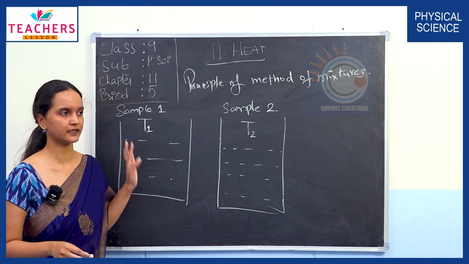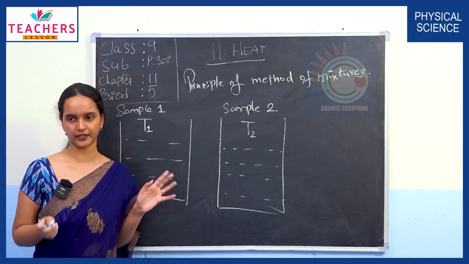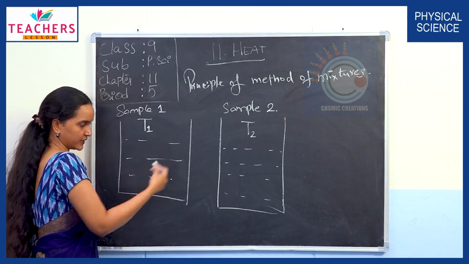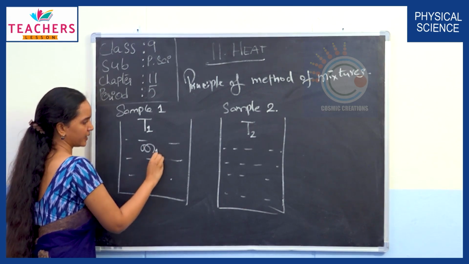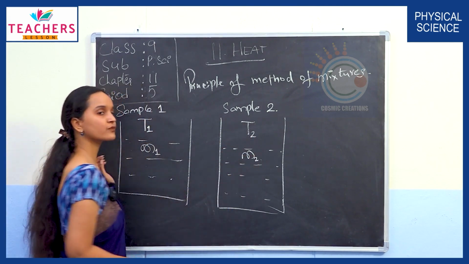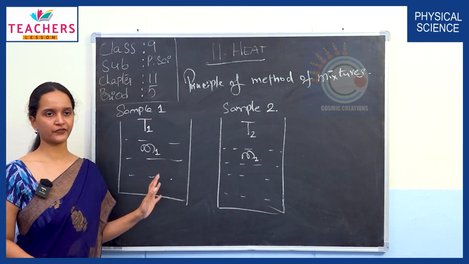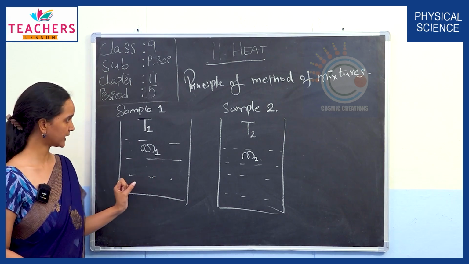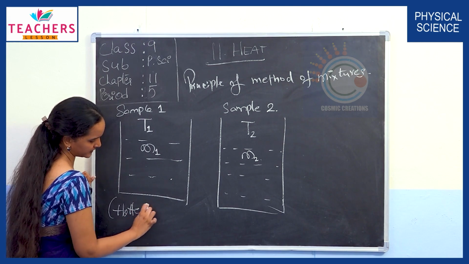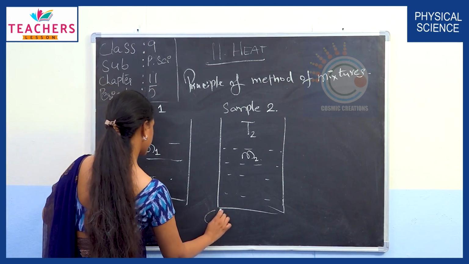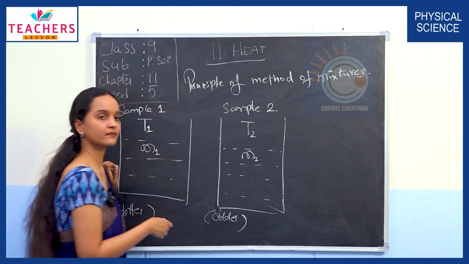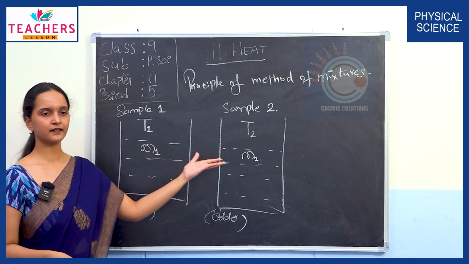So the temperatures of these samples are different. Also the mass of the liquid here is M1, and this one is M2. So the masses are also different, correct? Yes. Let's say this is our hotter sample and this is a colder sample. So T1 is greater than T2.